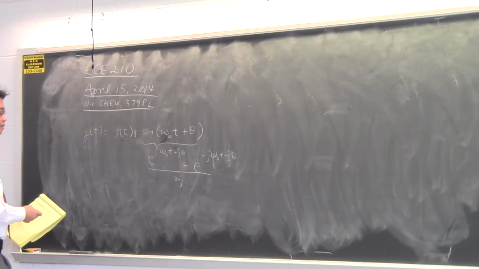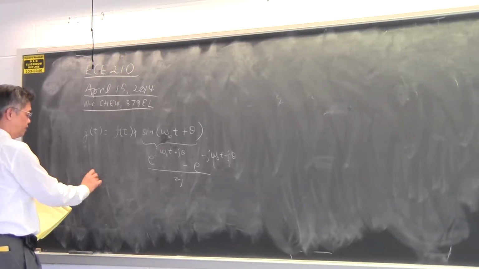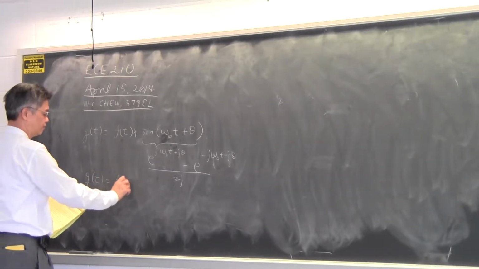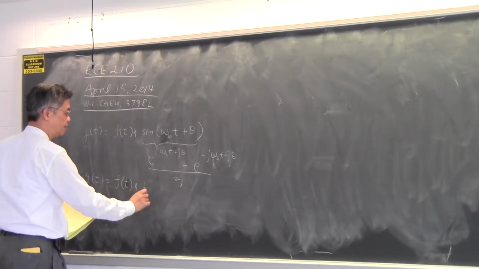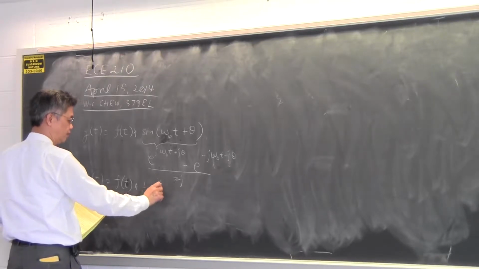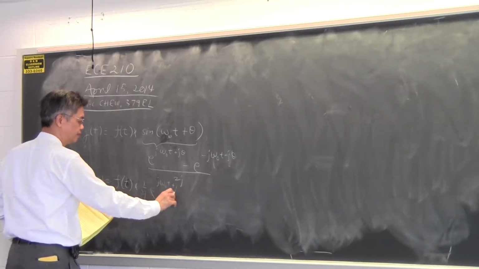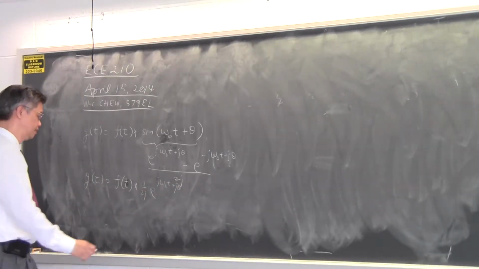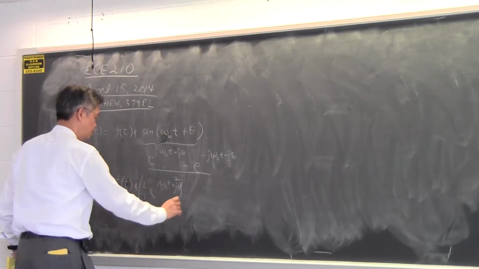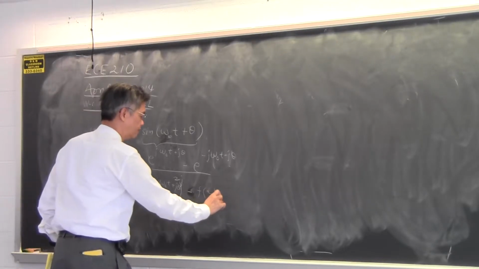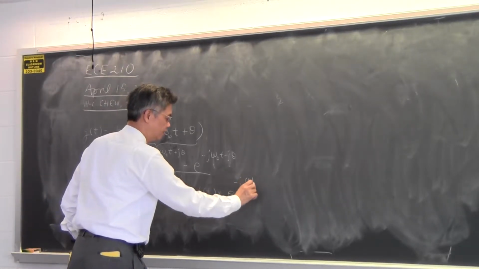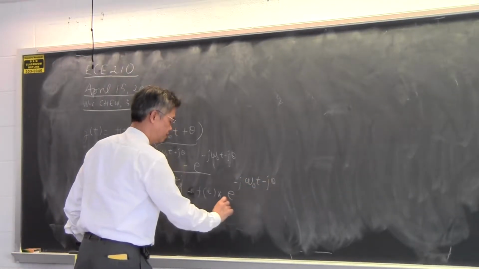Okay, then you actually have g(t) equal to f(t) convolving with 1 over 2j e to the j omega naught t plus j theta in one of them. Another one is f(t) convolving with e to the minus j omega naught t minus j theta over 2j.